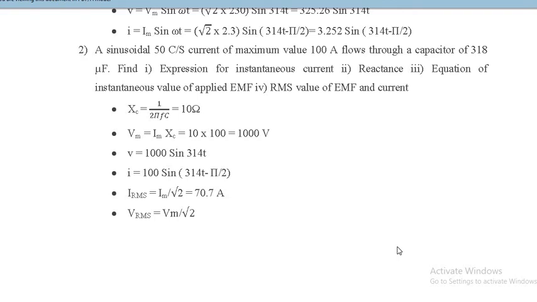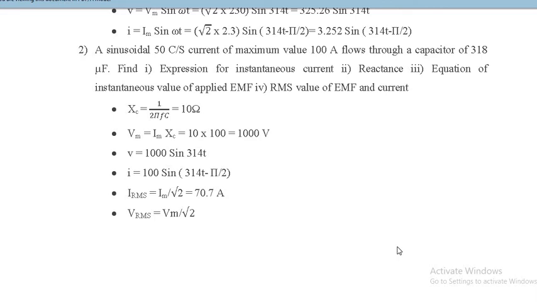Second is the maximum value of voltage, that will be Im into XC. The maximum value of current is given as 100, multiplied by 10 will give you the maximum voltage. Then come the equations of voltage and current, EMF and current to be more precise.